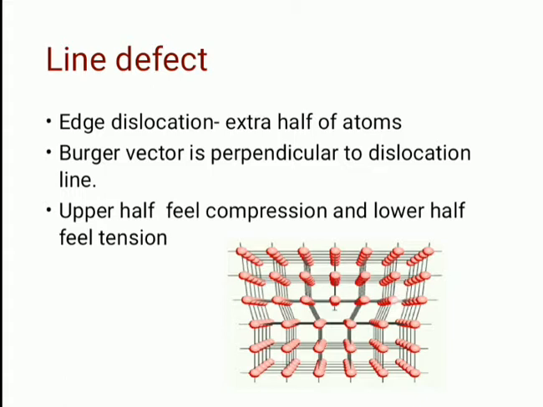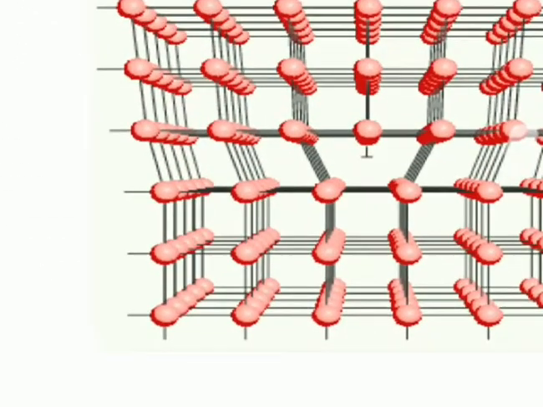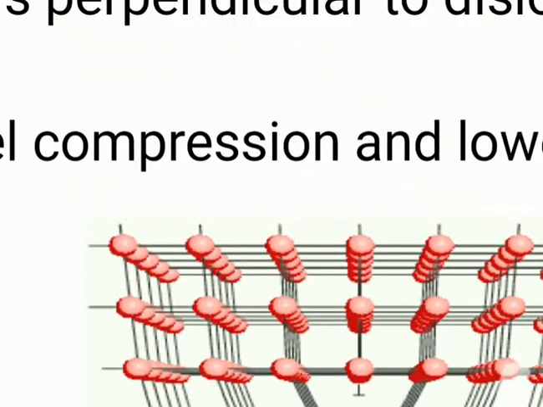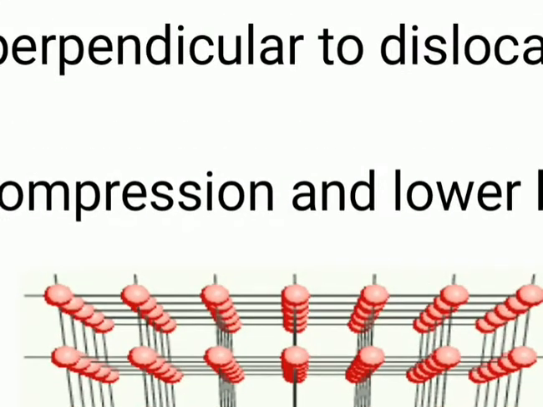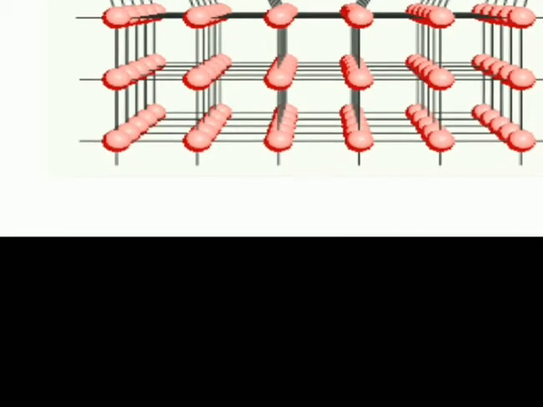So the next point is, you can see here, this is our defective crystal. In this crystal, you can see the atoms came close to each other and they formed the dislocation. Above this dislocation, we have a perfect structure, and below this dislocation also we have a perfect structure.